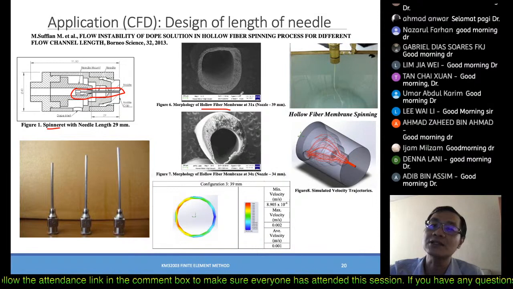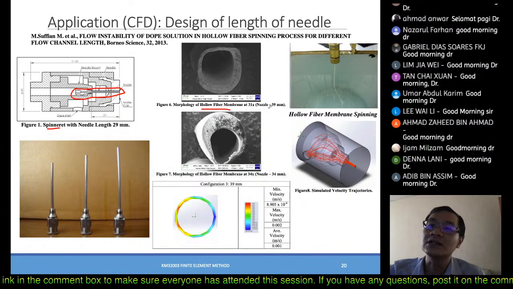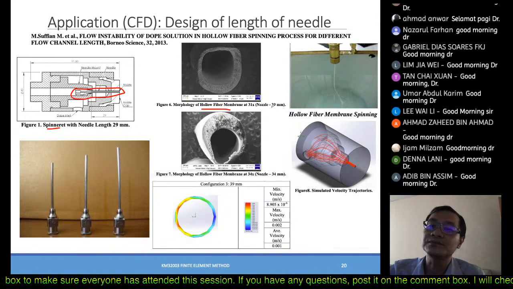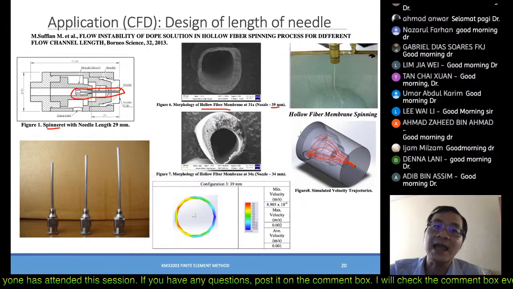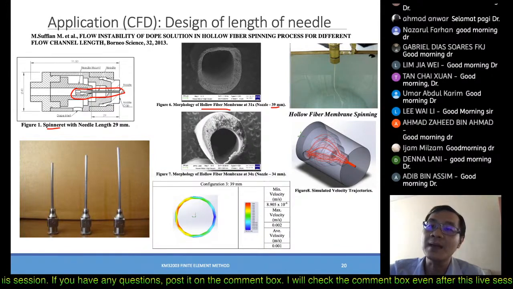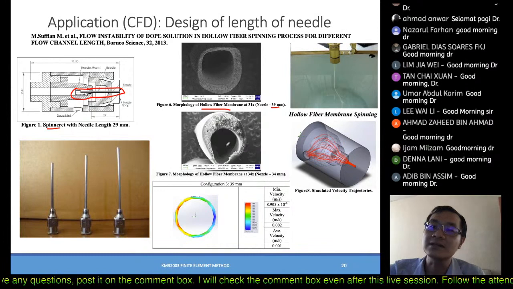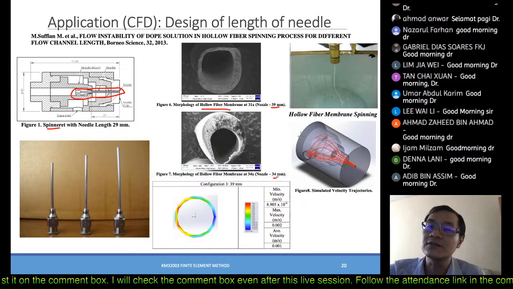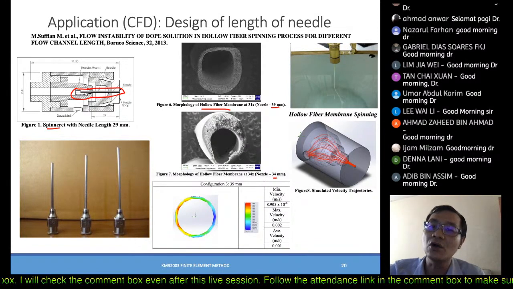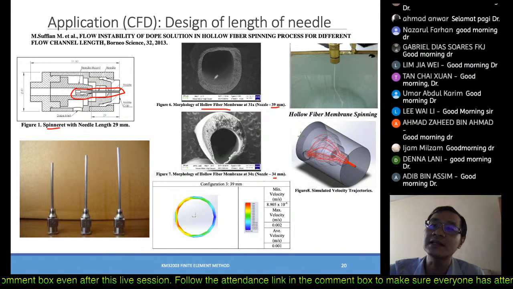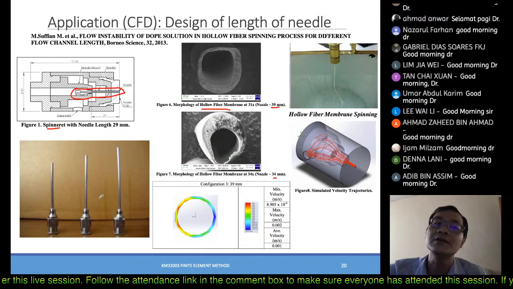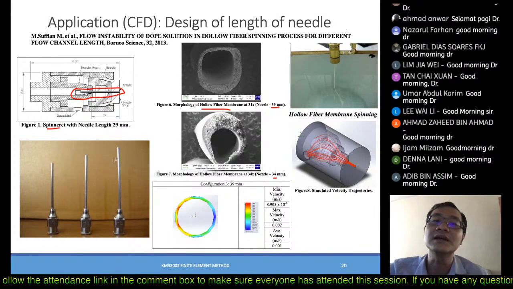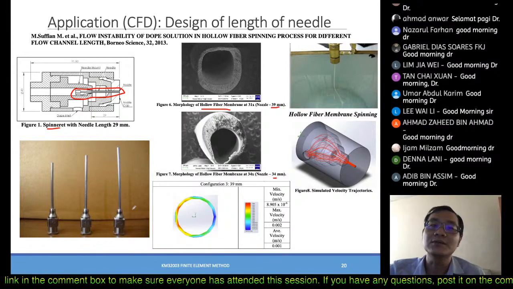When it cuts through, it was noticed that the nozzle with a length of 39 mm is better than the others. This one is 34. You can see the hollow is not uniform, whereas the 39 is quite uniform. This is the different length of the needle itself.